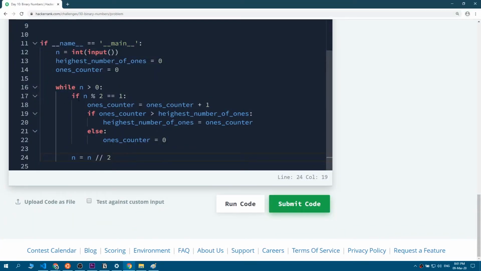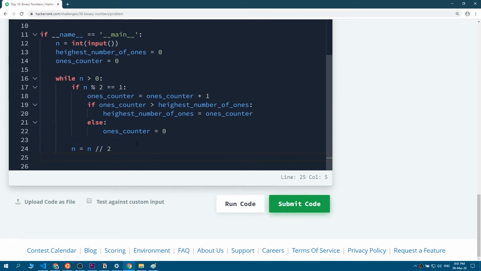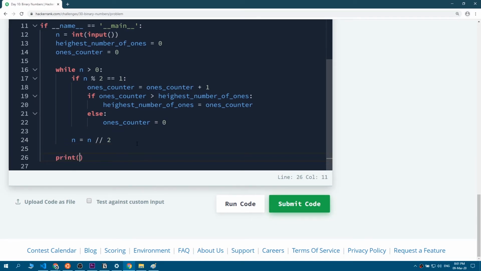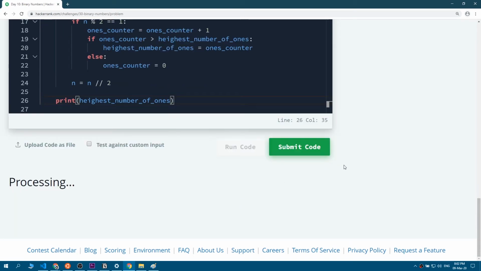Then after all of this finishes, we will just print the highest number. Let me just copy this. That's the problem when you write long variables, but it's clearer to be honest. So let's run the code.